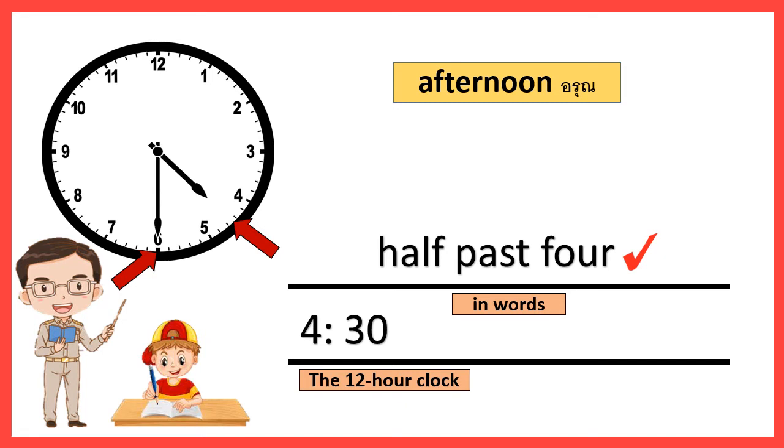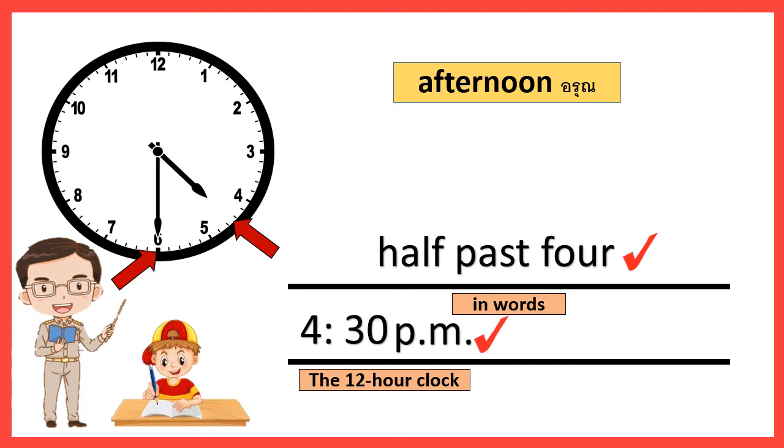Don't forget, the time is set in the afternoon. So what do you think are we going to use? Is it AM or PM? The correct answer is PM. Very good. Why PM? Because the time is set in the afternoon.